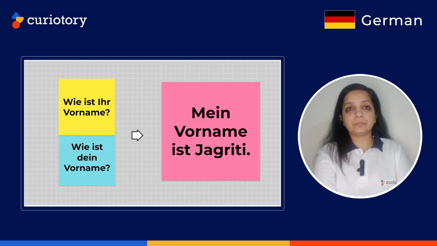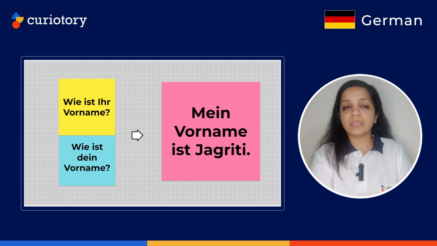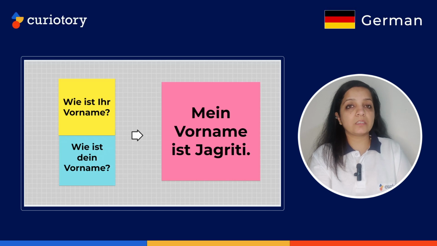Moving further, to know the details of a person, we use this question, which is Wie ist Ihr Vorname? Which means, what is your first name? This is the formal way of asking, and the informal way is Wie ist dein Vorname?